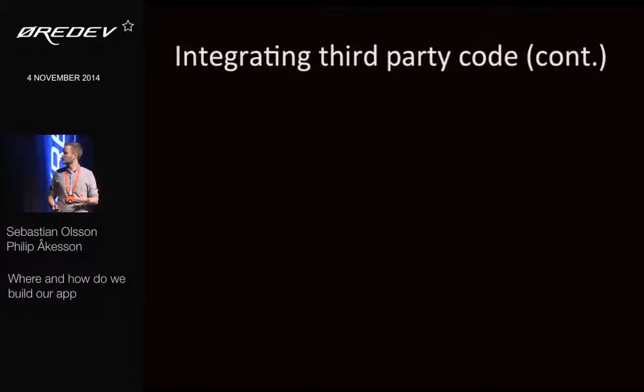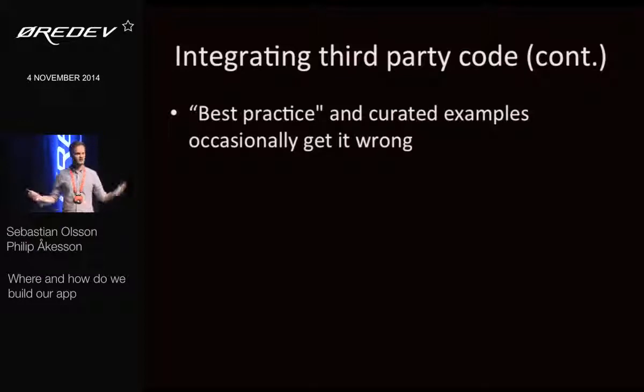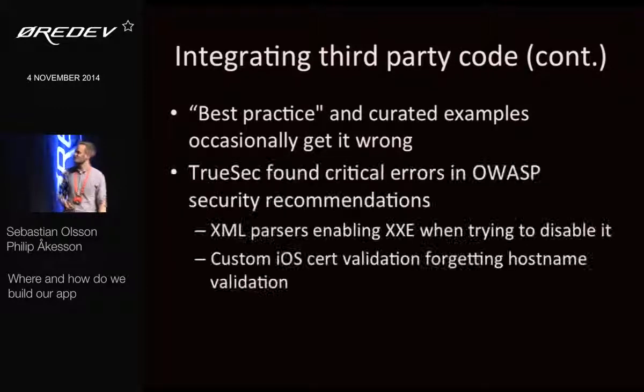Because this goes for even best practice sites and curated expert examples, maybe even stuff we put up sometimes. They occasionally get it wrong. We get it wrong. We found errors, for example, in OWASP security recommendations. An XML parser that tries to disable external entity parsing, like I talked about earlier.